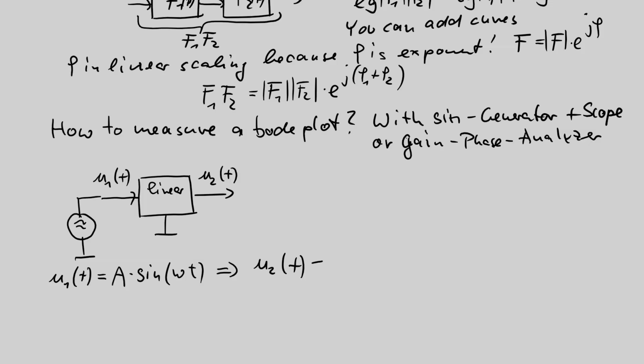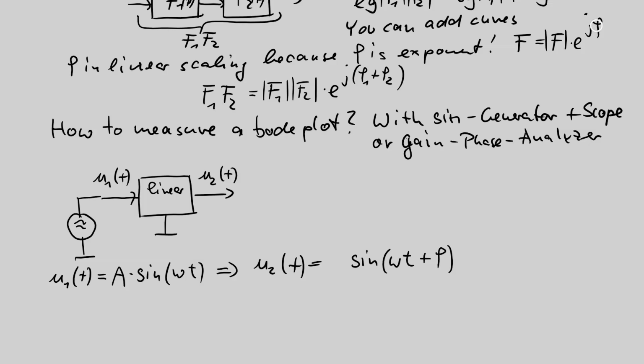We know that U2 of t, in a linear case, if U1 is sinusoidal, is also a sinusoidal signal, not limited, without saturation and so on. We know furthermore that the frequency of the output signal is the same as the input signal, with one difference: there could be a phase shift.